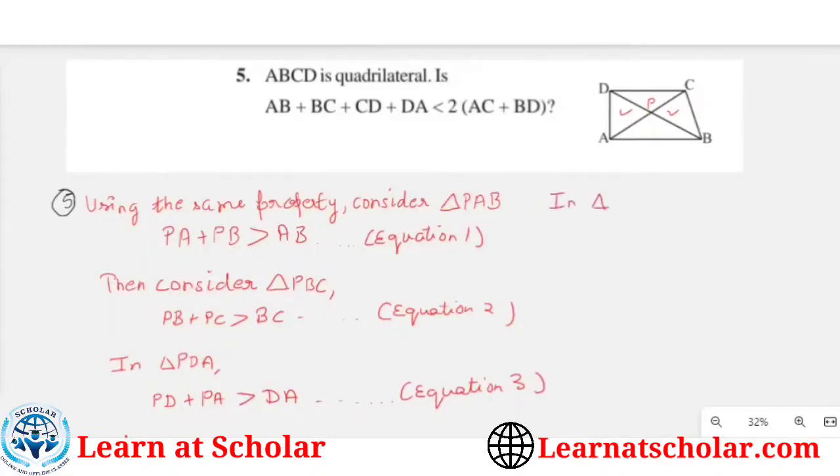Considering the fourth triangle, in triangle PCD, PC plus PD is greater than CD. This is equation 4. Again adding the 4 equations.